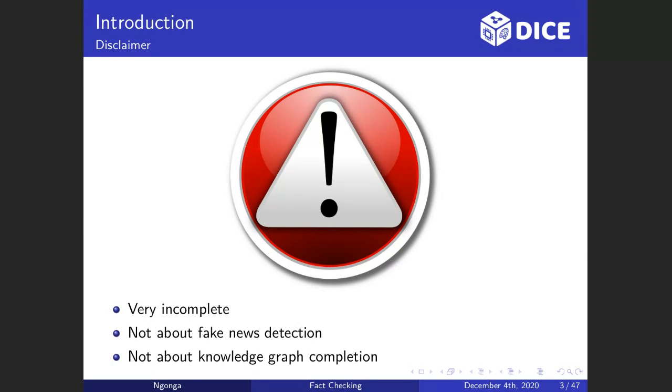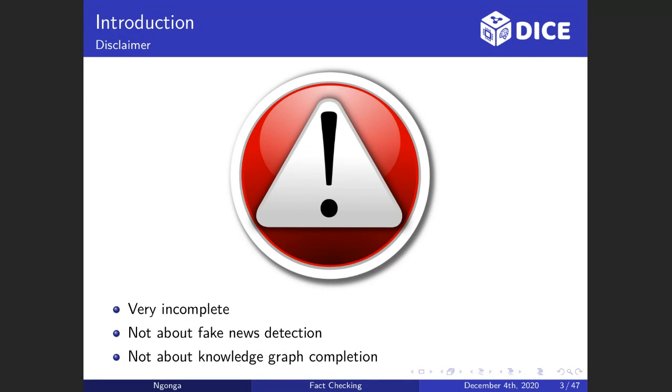I am not going to talk about fake news detection. This is a different topic which demands other types of methods. However, there is obviously an interface between fake news detection and fact checking in the sense of knowledge graphs, because basically we're looking at the same data just from different perspectives.